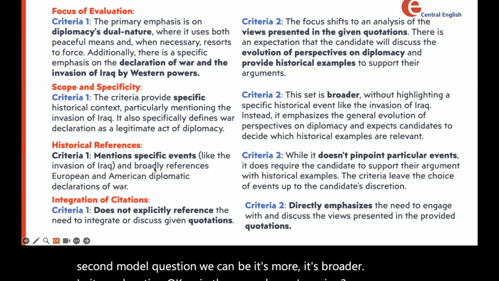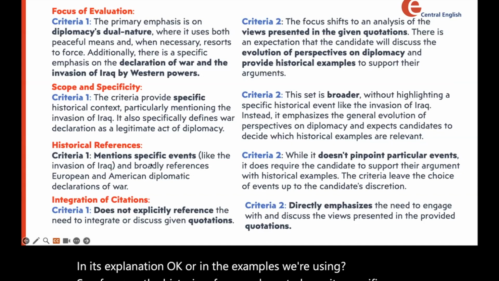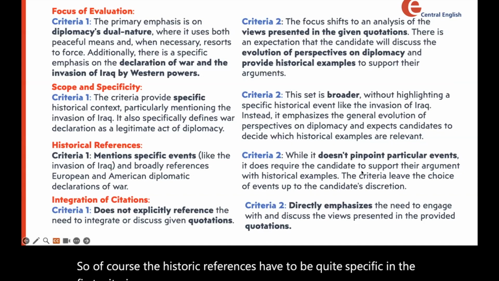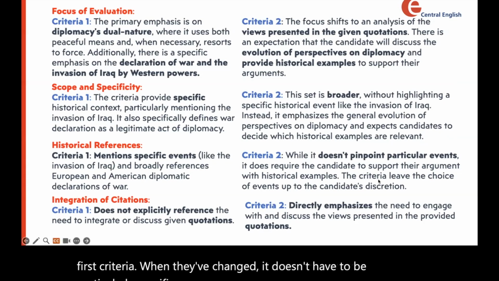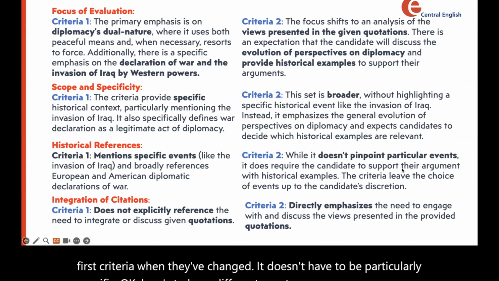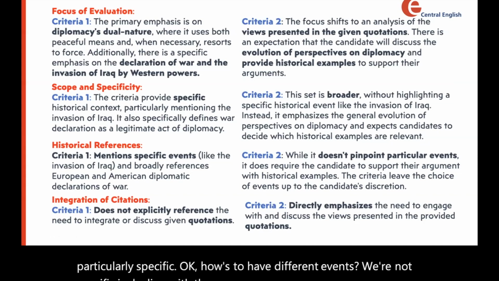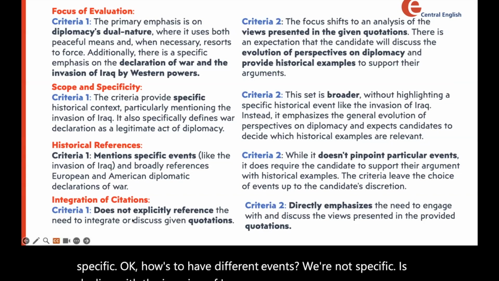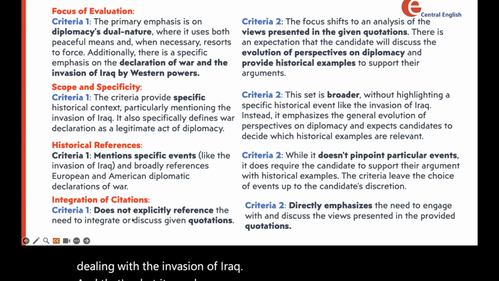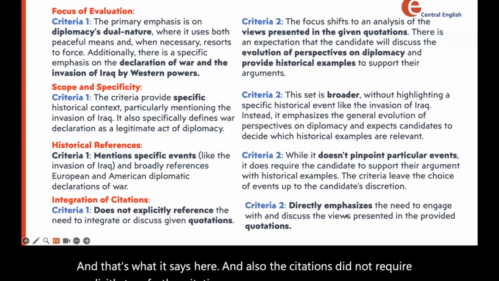So, of course, the historic references have to be quite specific in the first criteria. When they changed it, it doesn't have to be particularly specific. It has to have different events, but not as specific as dealing with the invasion of Iraq. And that's what it says here. Also, the citations did not require explicitly to refer to the citations, while in the second one you did.